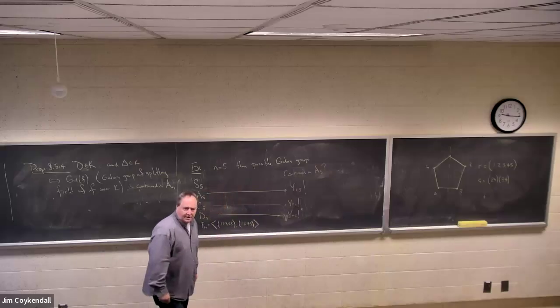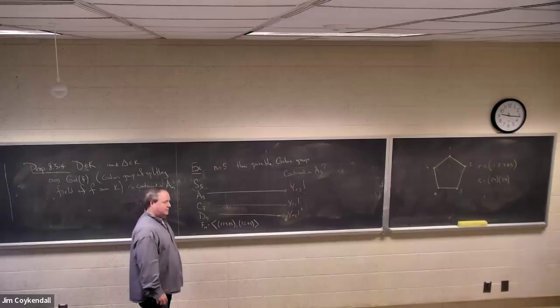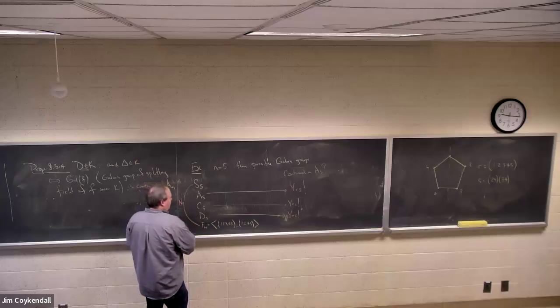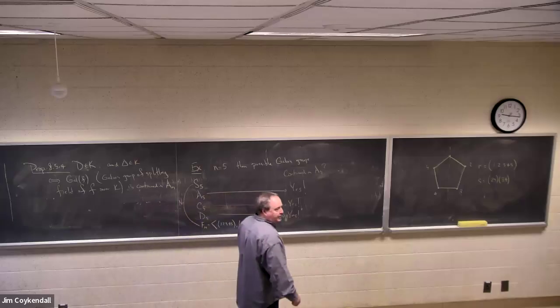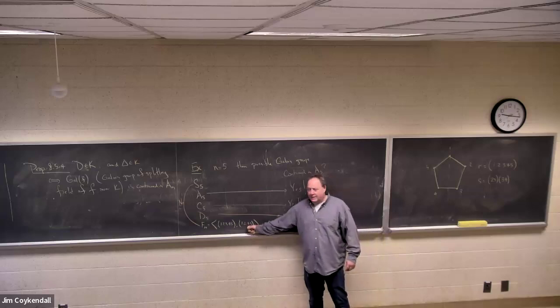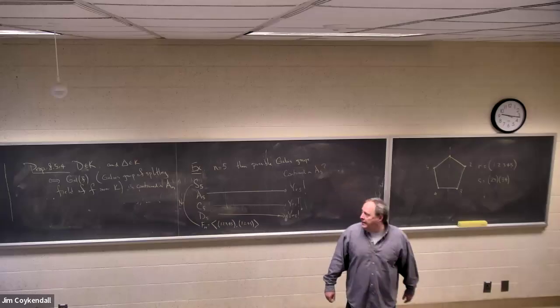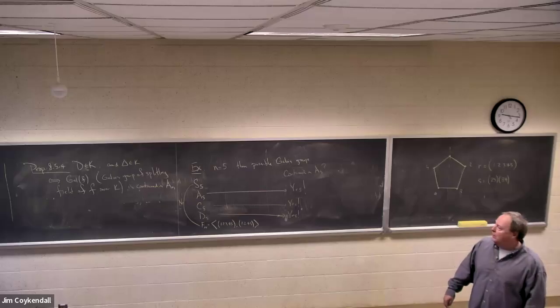What about this one? These two are no. S5 is fairly obvious because it's got the permutation (1 2) in it, a transposition. This one, (1 2 3 4), is an odd product of transpositions, so this one's not contained in A5. The upshot is, if you have a fifth degree polynomial, you have 5 options for the Galois group.